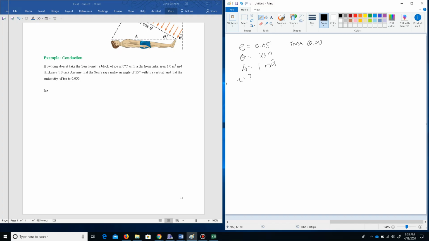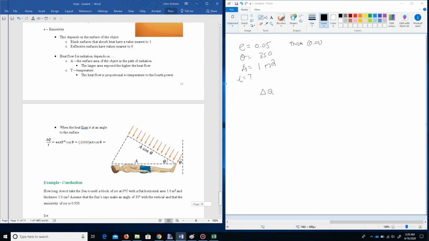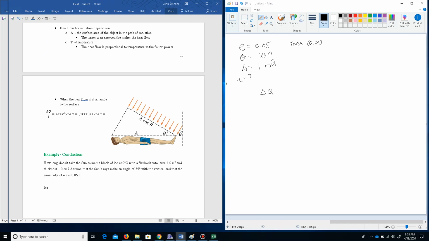And let's see. So let's get into our delta Q. We have delta Q over T equals E sigma A T to the 4th cosine theta.